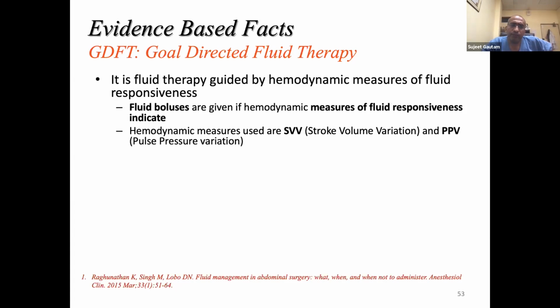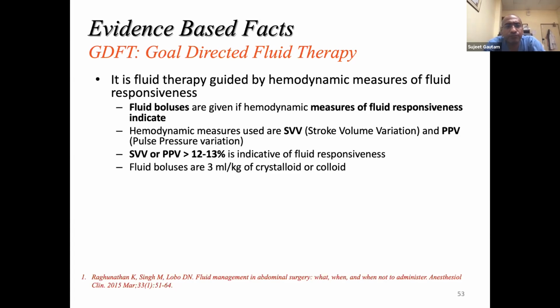Boluses are given if hemodynamic measures of fluid responsiveness indicate, and the hemodynamic measures used are the dynamic variables in the form of stroke volume variation and pulse pressure variation.